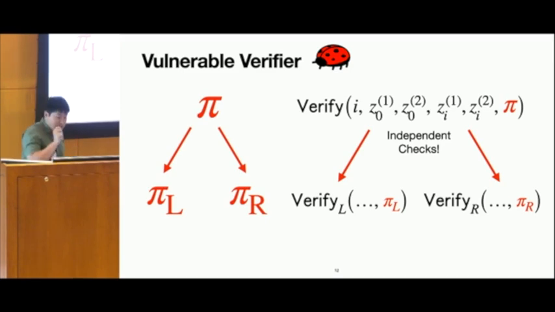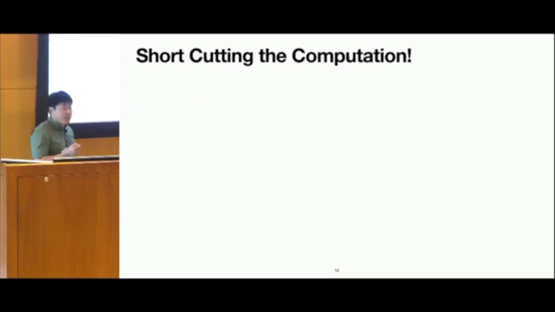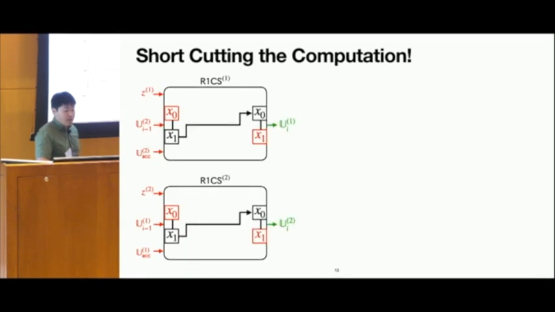And it is this missing hash check and the symmetry of these checks that allowed an IVC prover, or more likely an IVC adversary, to completely shortcut the computation. In particular, in order to prove I iterations, the adversary only had to execute one step of the IVC prover, but on malicious inputs.